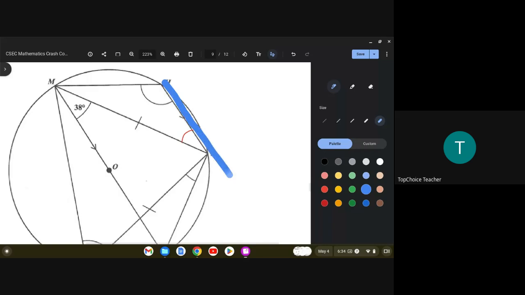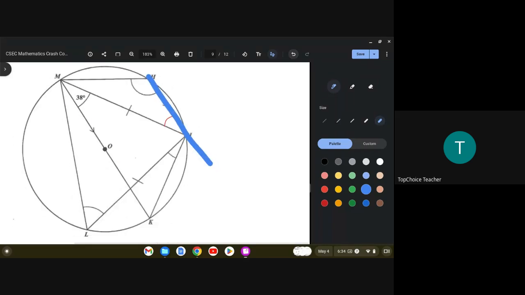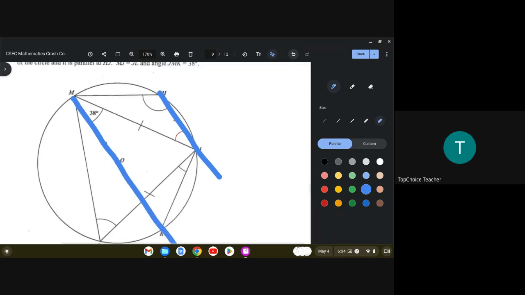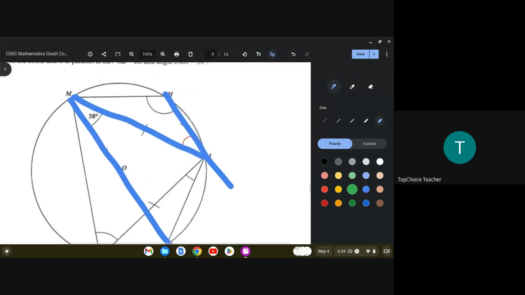Remember, HG is a parallel line, MK is a parallel line, and this line here is a transversal. Once this transversal intersects these two parallel lines, this angle is going to be the same as our angle of interest. So you understand why our angle of interest is 38 degrees?